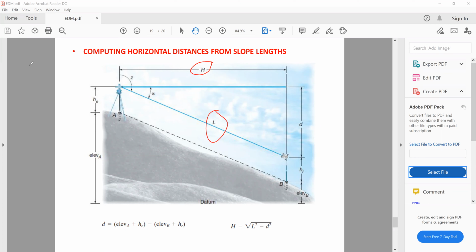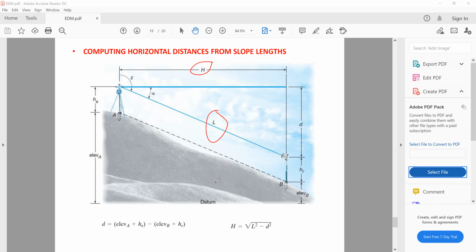What we need to do is convert the sloping distance into horizontal distance. For that, we are going to use the elevation difference between the 2 points and the sloping distance. That basically forms a right angle triangle. And then by using Pythagoras theorem, we can find out the horizontal distance.